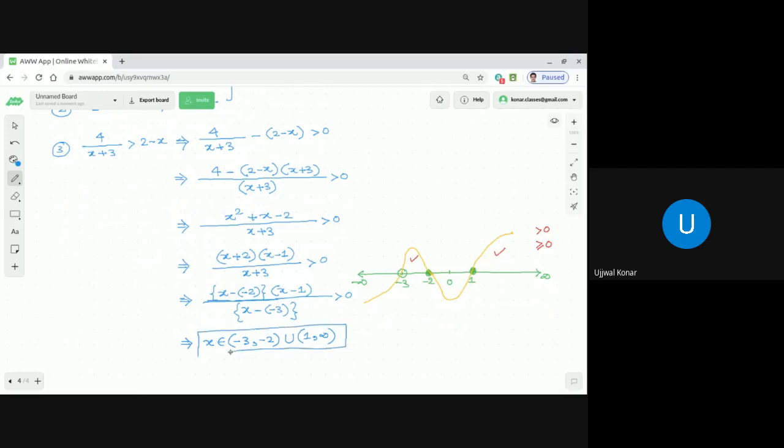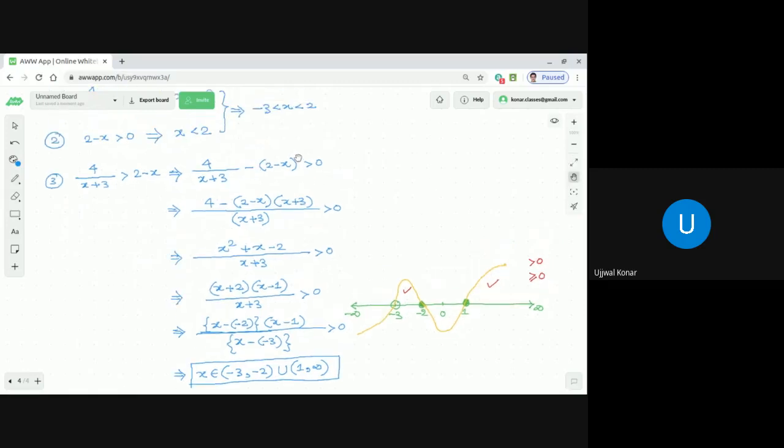And another solution we get from the other inequality. Correct, dear students? Now we need to club these together. Suppose this is the inequation 1 solution set, and this is the inequation 2 solution set.